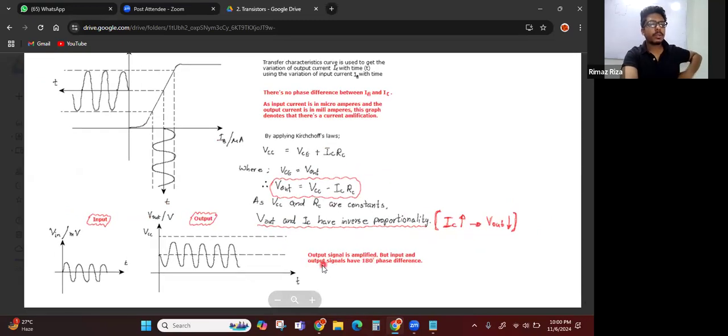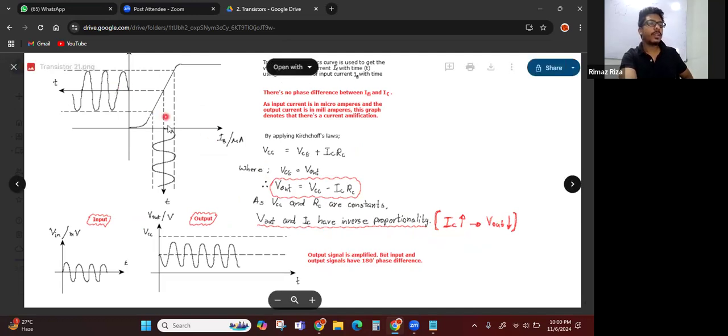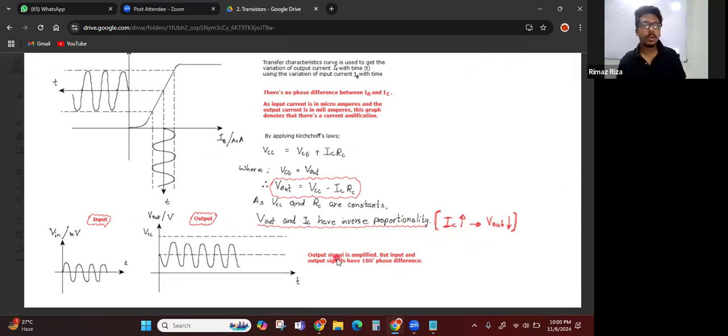Output signal is amplified, but input and output signal have 180 phase difference. Okay, so there is no phase difference between the currents, but there is a phase difference between input and output signals.